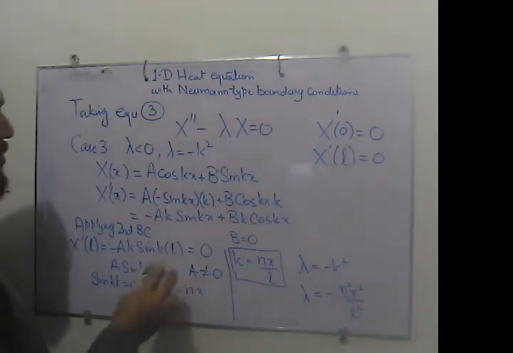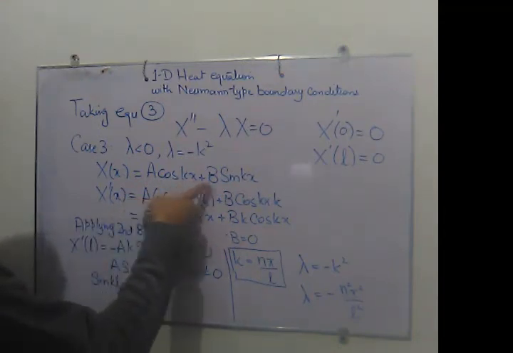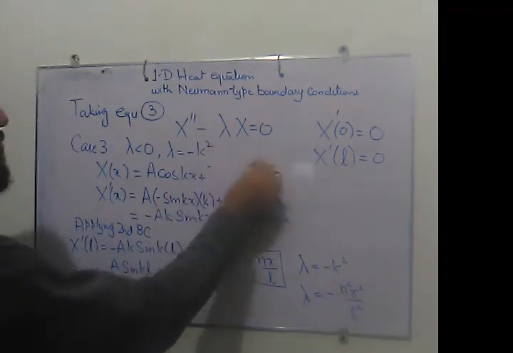So our general solution is this one, and we have the value of k. b is 0, so the solution would be reduced to only this term.